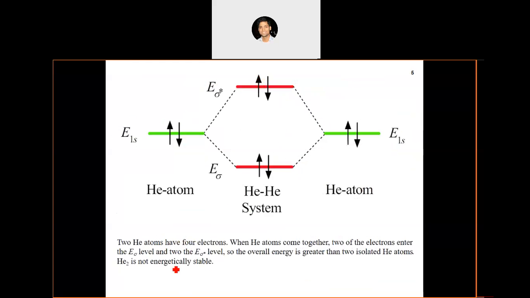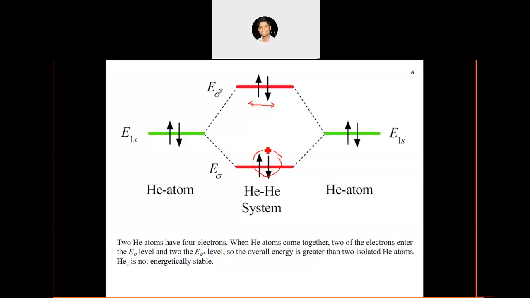What will happen in the case of helium is that there will be two electrons which will be in phase, moving in summation. Basically their wave functions will add to each other, while at the same time we will also have two electrons which are out of phase. So the overall configuration formed by these four electrons will have higher energy.